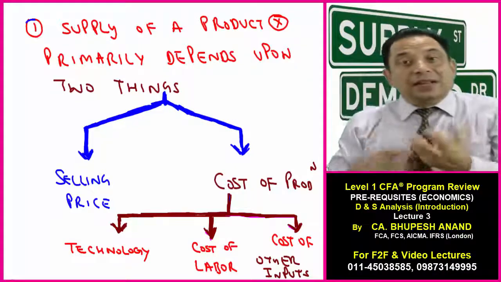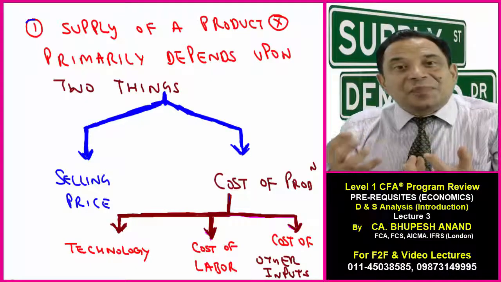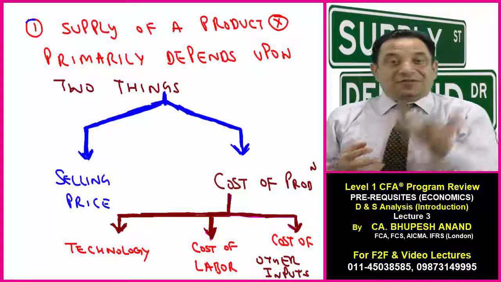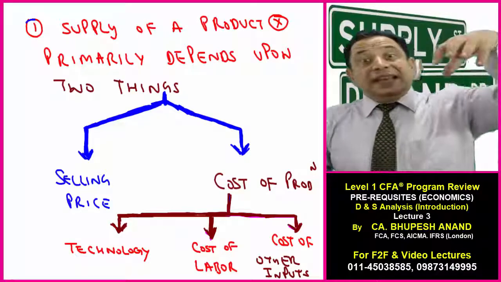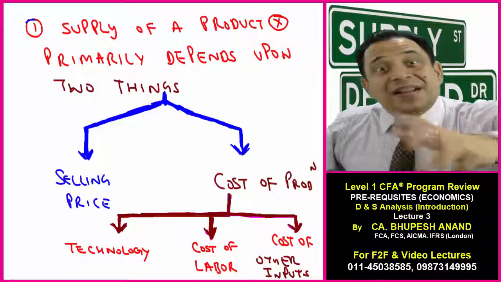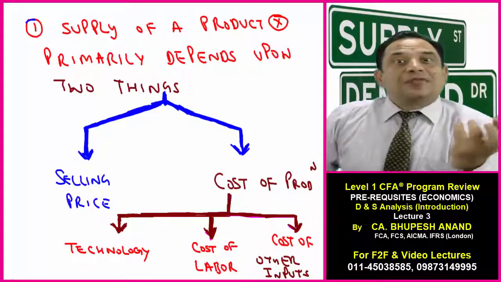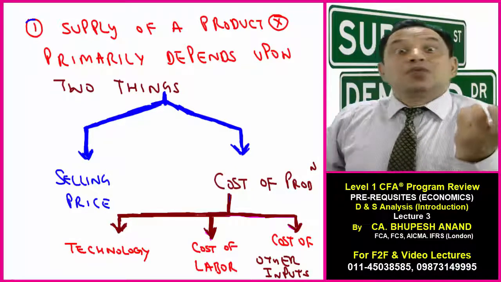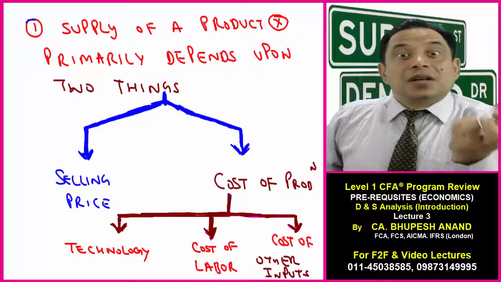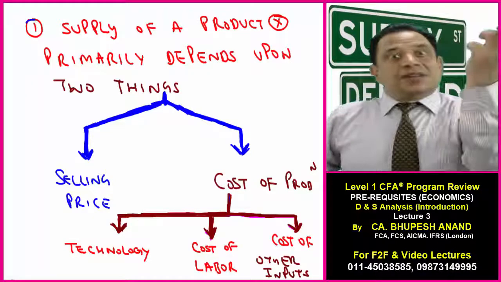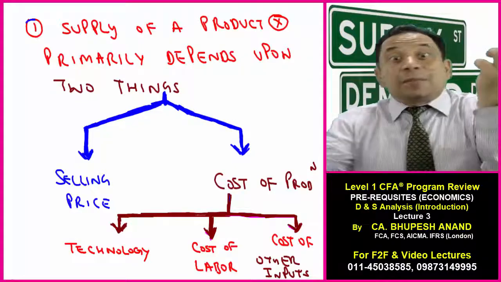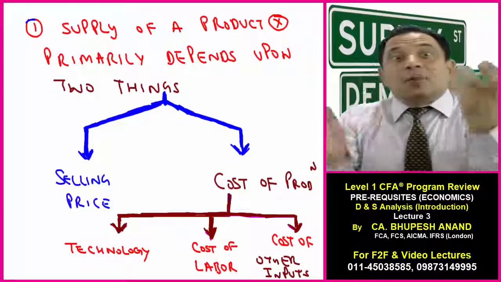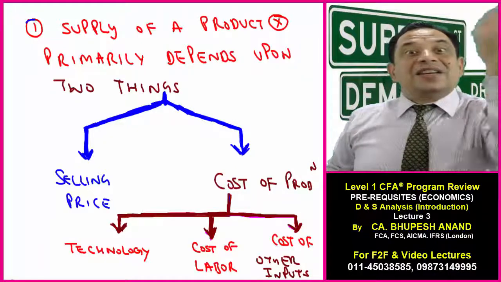For example, the first very important factor in case of supply: if I take the example of petrol, the supply of petrol will increase if the price of petrol increases. Think from the point of view of the producer: if the price of petrol increases, the producer of petrol will supply more quantity because the price has increased.